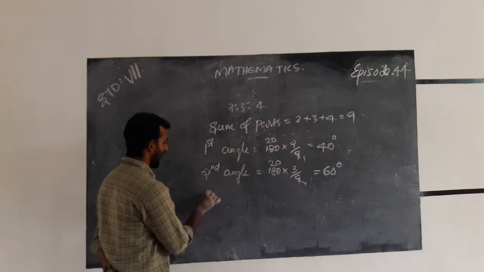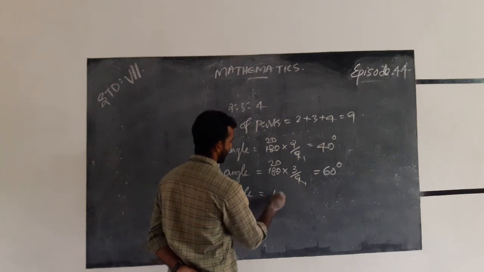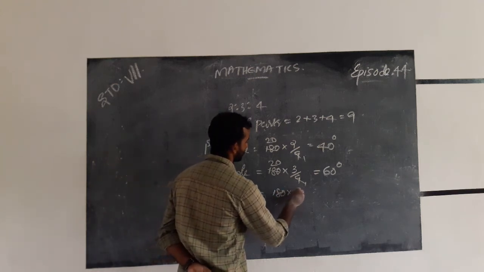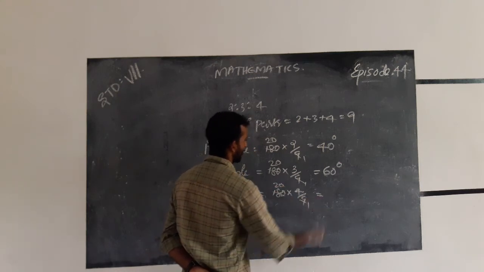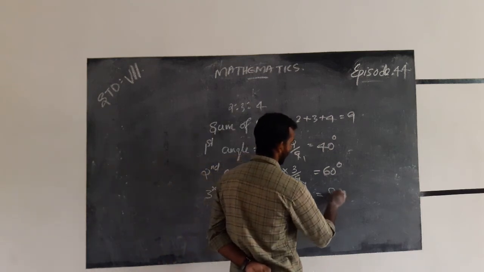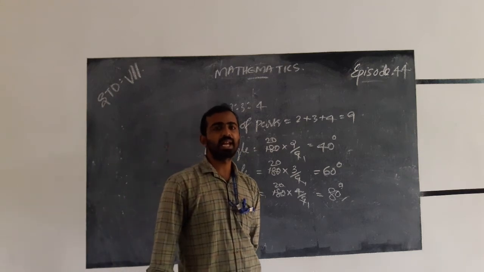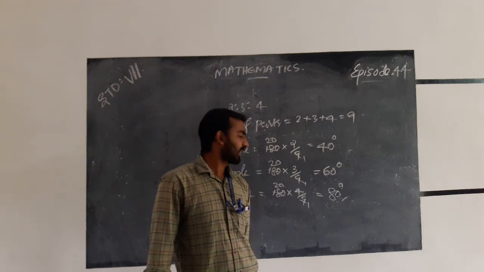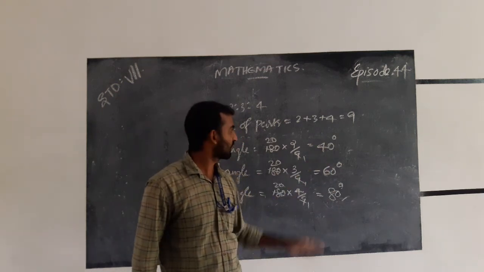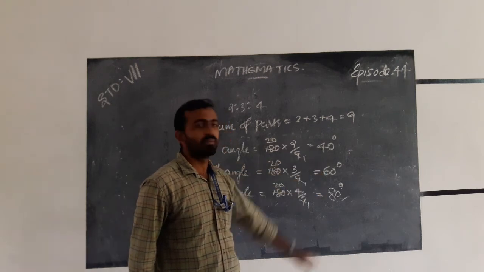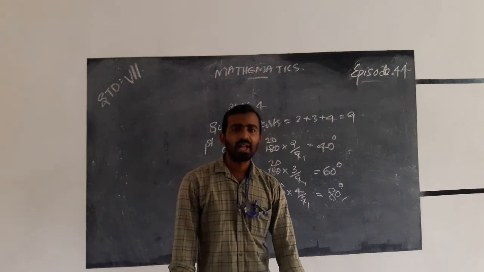And next is the third angle, that is 80. First angle is 40 degree, second angle is 60 degree, third angle is 80 degree. When we take the sum of these angles, we get 180 degree. 40 plus 60, we get 100. 100 plus 80, we also get 180 degree.